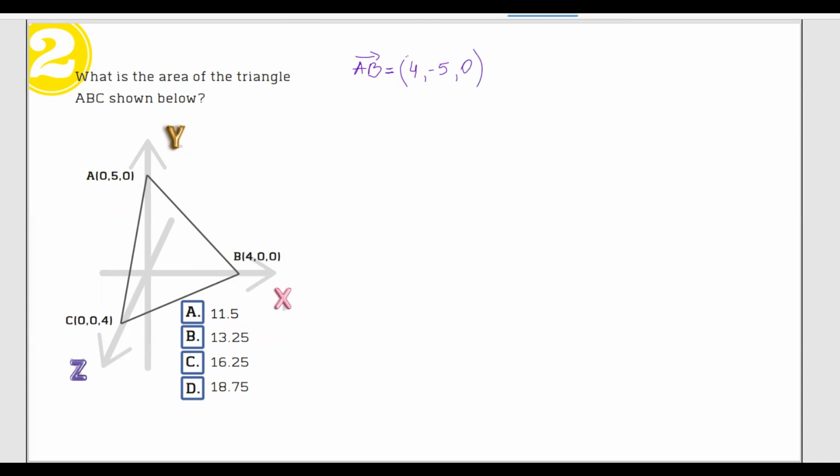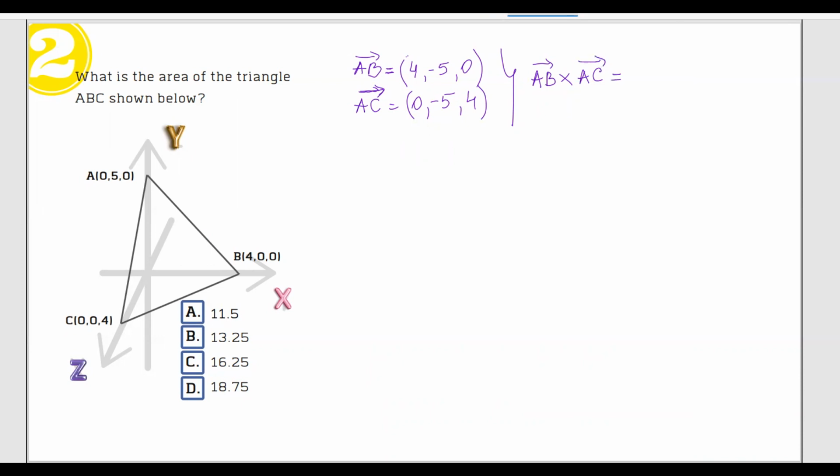And vector AC is going to be equal to 0, minus 5, and 4. And now we'll do AB cross AC.